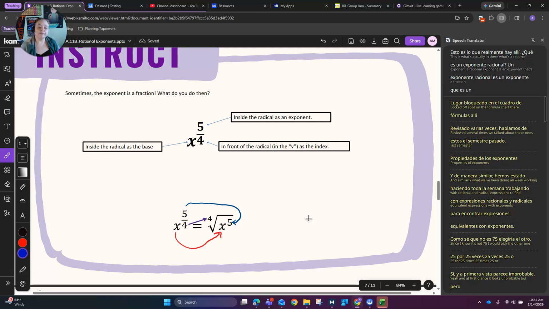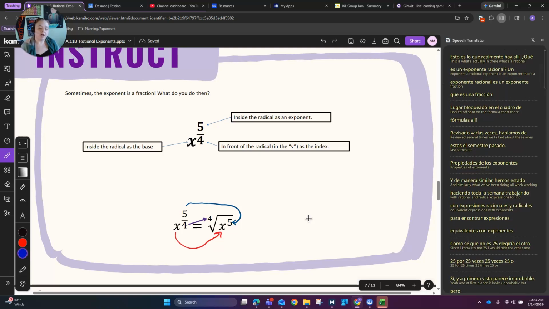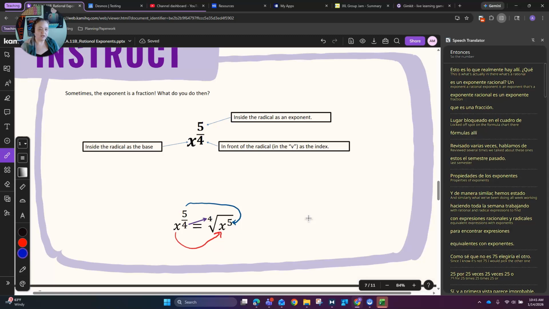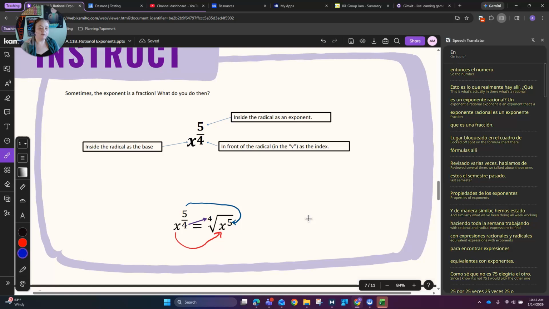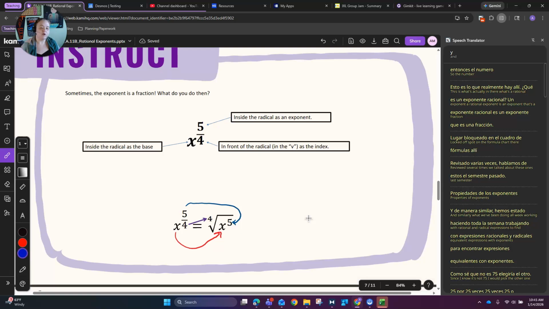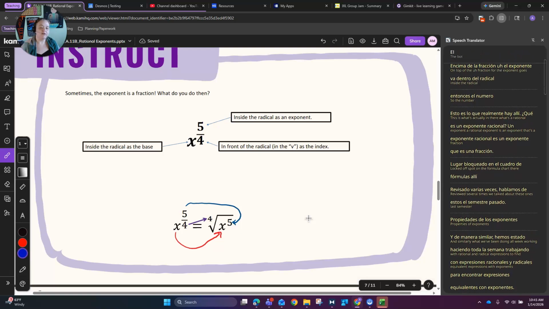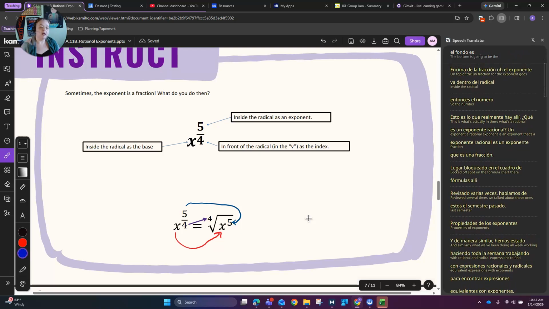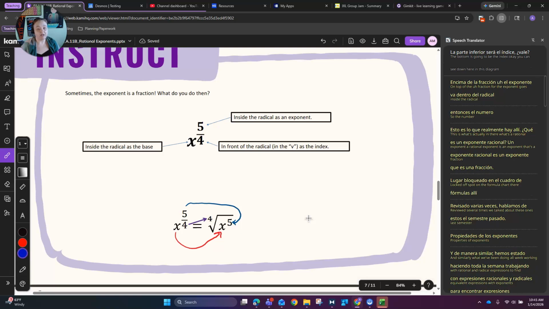The number on top of the fraction for the exponent goes inside the radical. And the number in the denominator of the fraction at the bottom is going to be the index. You can see in this diagram, we have 4 pointing to the 4, 5 all the way over here to the 5. And then the base is inside the radical as the base.